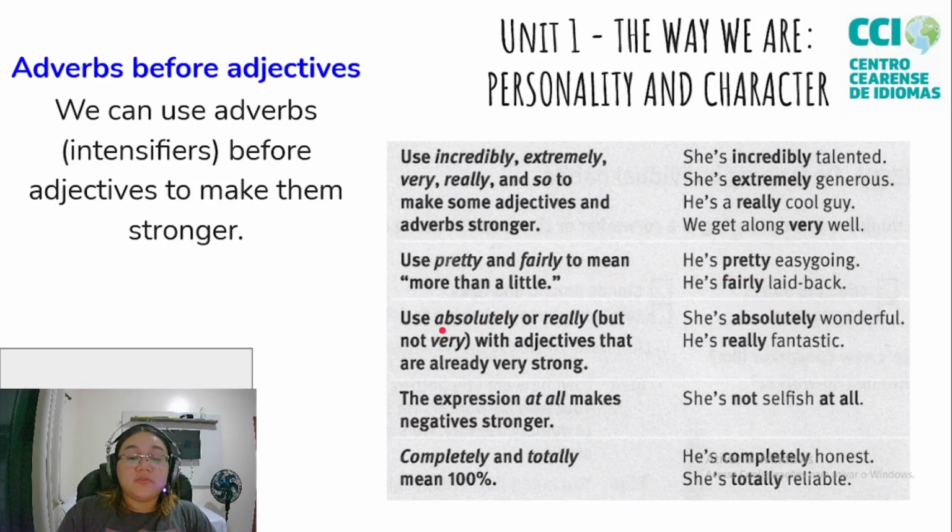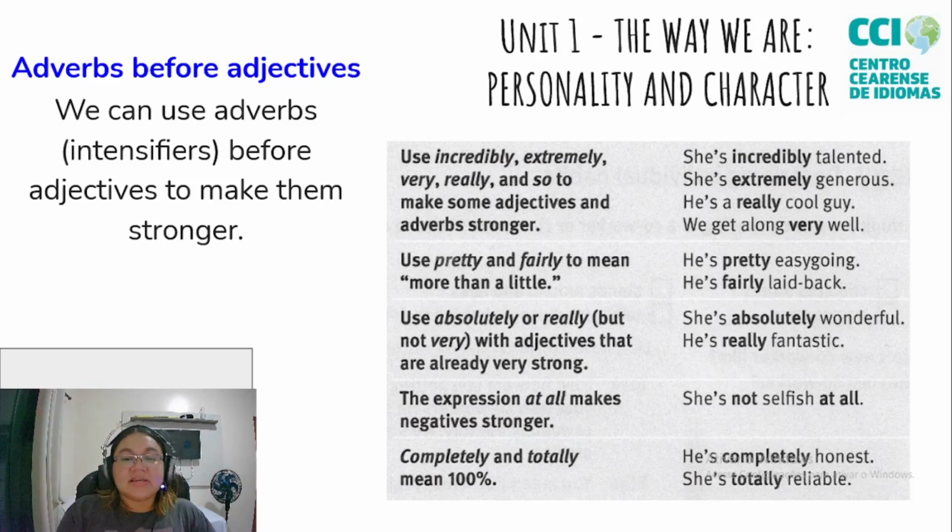We use absolutely or really with adjectives that are already strong. So there are adjectives that don't need adverbs to be strong. For instance, if we say that someone is perfect, perfect is a very strong word, right? It's a very strong adjective. It means that this person is just right. There's nothing better than that. They're perfect already. They don't do anything wrong.